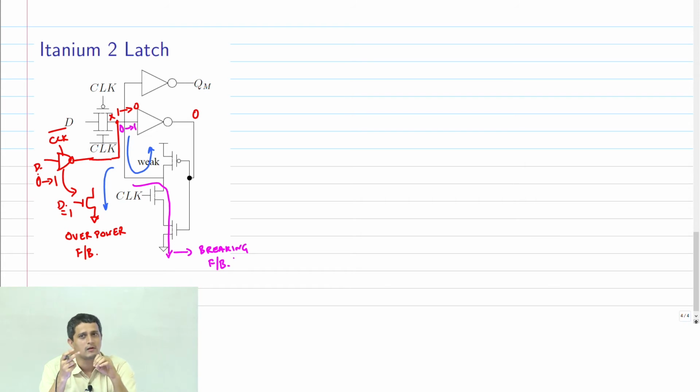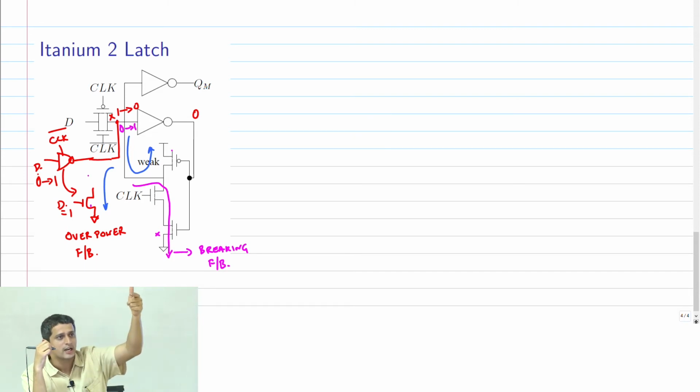Here note that when there is a fight between this PMOS and this NMOS, it's always easier to make the NMOS stronger with smaller area than the PMOS. If I had done the reverse case, there would have been a fight between the NMOS here and the PMOS of that inverter. Now the tri-state inverter has to win. Therefore, the PMOS has to be sized up significantly.